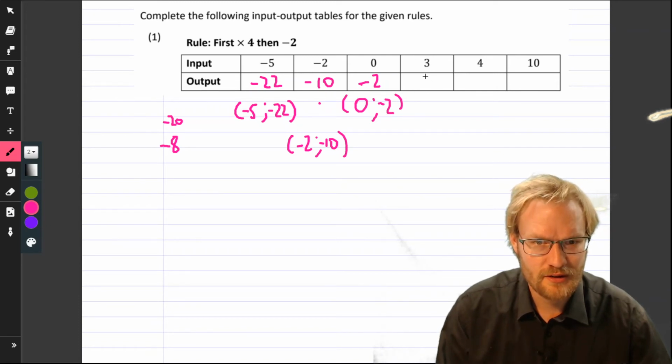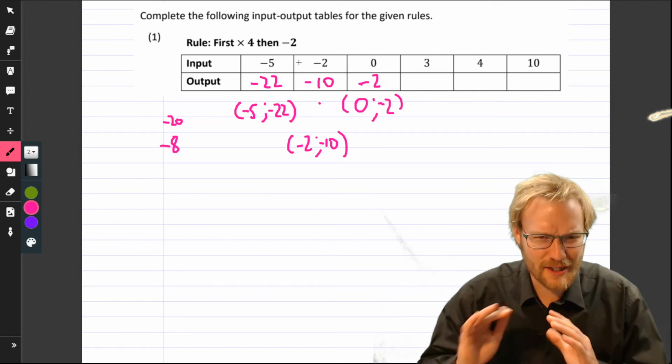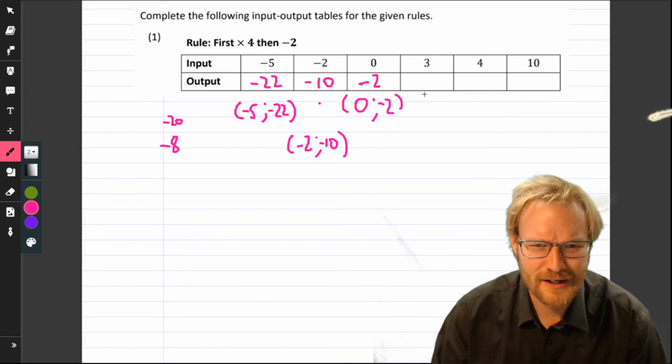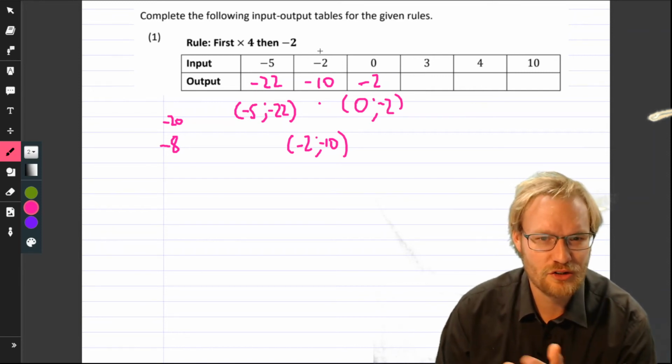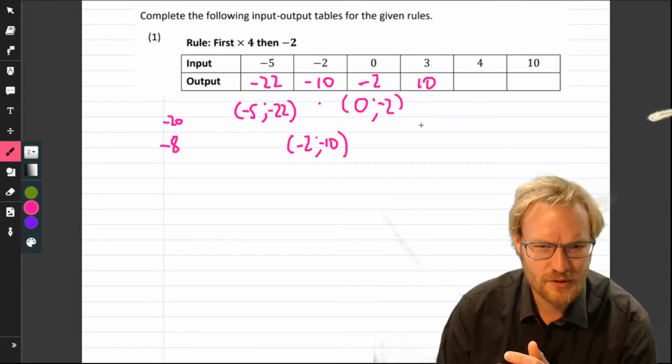Okay, 3, we're going to multiply by 4, then subtract 2. Yes, I'm speeding up here because we're getting on top of it. 3 times 4 is 12. 12 minus 2 is 10. Cool, so in coordinate form, brackets, input, our x value is first, 3. Output, our y value, is second, 10.